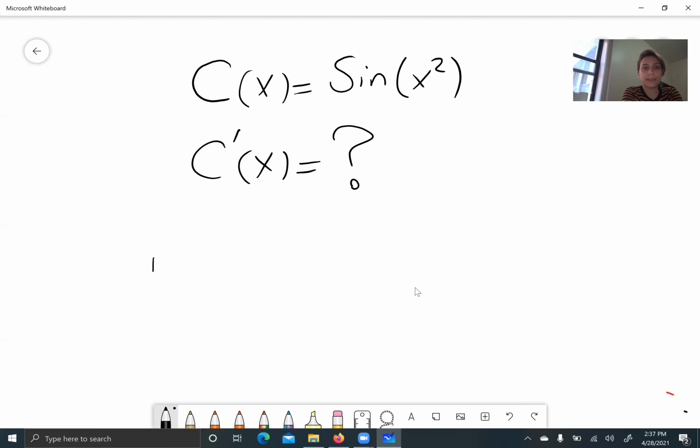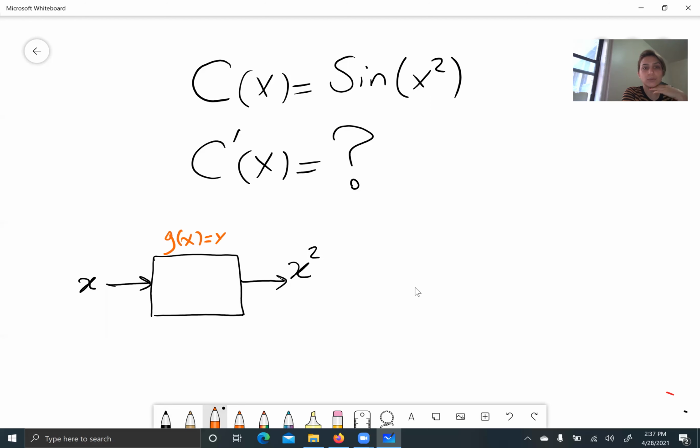Here, the first function takes the input value of x. When you substitute a value for x, the first calculation is x squared, right? So you give the input value of x, and the first function calculates x squared. Whatever you give to this function, it makes it square.